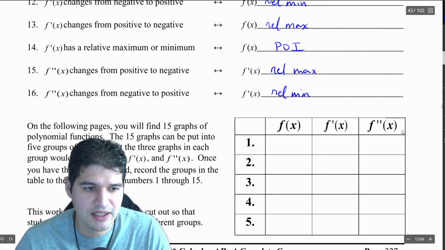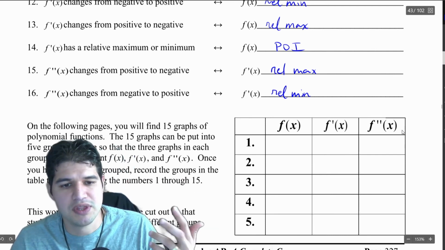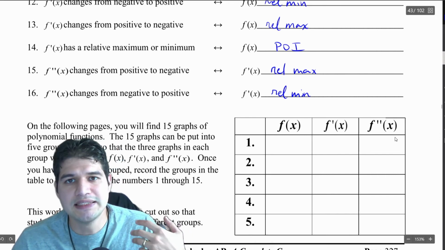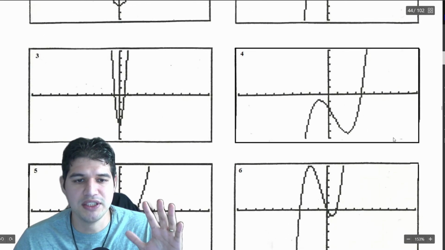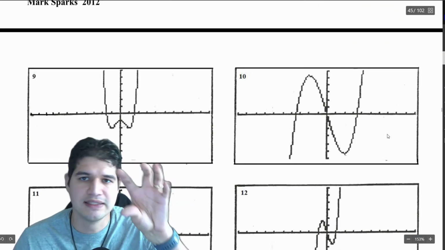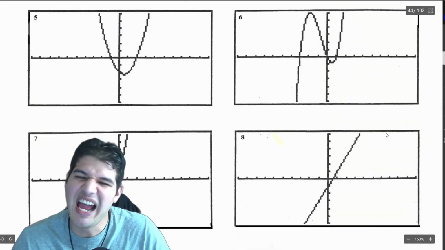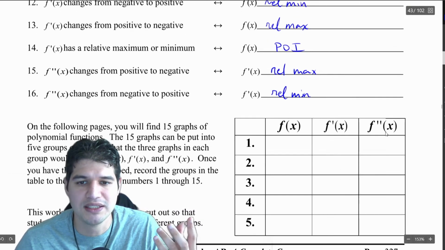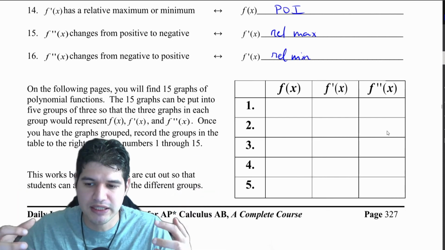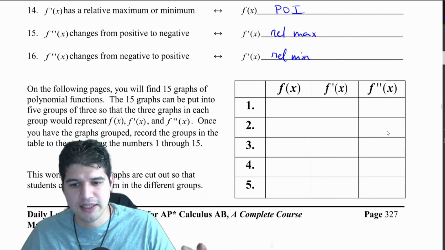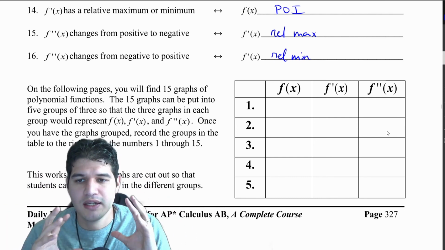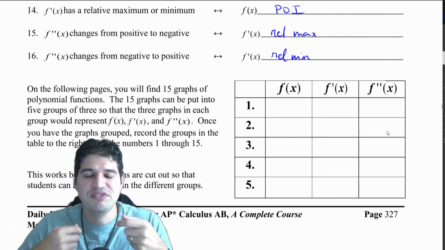So for the end of this video, I want you guys to think about doing these card matches, okay? What's really nice is if you're able to actually cut out these cards in the next few pages, so you can lay them out and make connections. I have plenty of these things. If you want to do some of these things with your hands and you're one of my students, come to me in person, and I have plenty of these card matches that you can tangibly feel and connect.